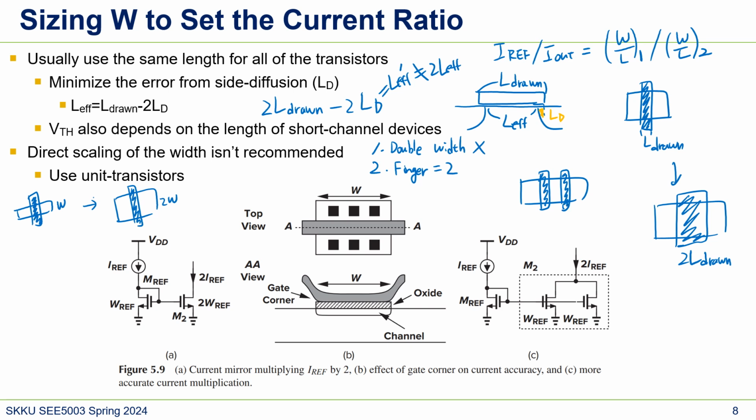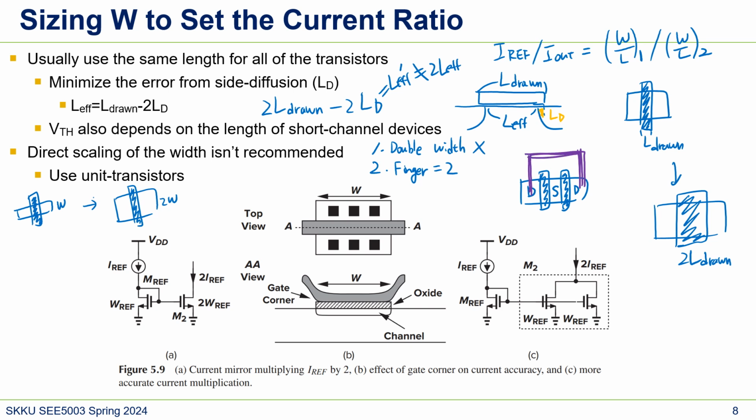So the W is kept the same, but we just increase the fingers. But this is also not that accurate. It's better than option number 1, but fingering also is not perfectly duplicating, perfectly doubling the MOSFET, because you see, usually it's like here base, source, and drain, and we have to connect these two using metal.